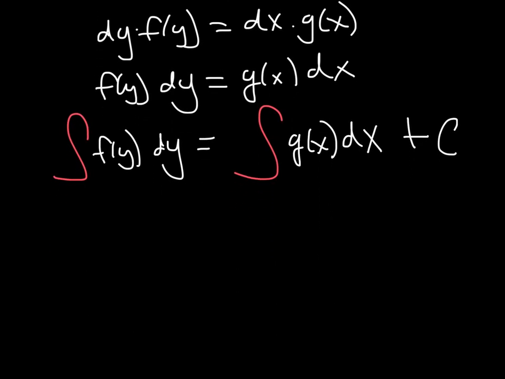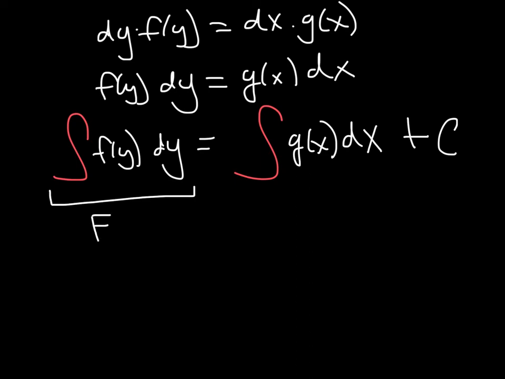Then again, this is just techniques of integration after you separate your variables, where you're integrating with respect to y, and then this integral is just with respect to x. But we know that this is just going to be integrals, and another way of saying that is antiderivatives.